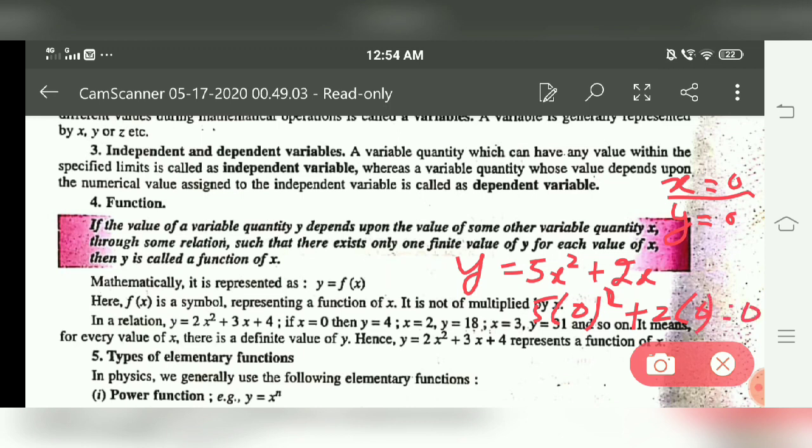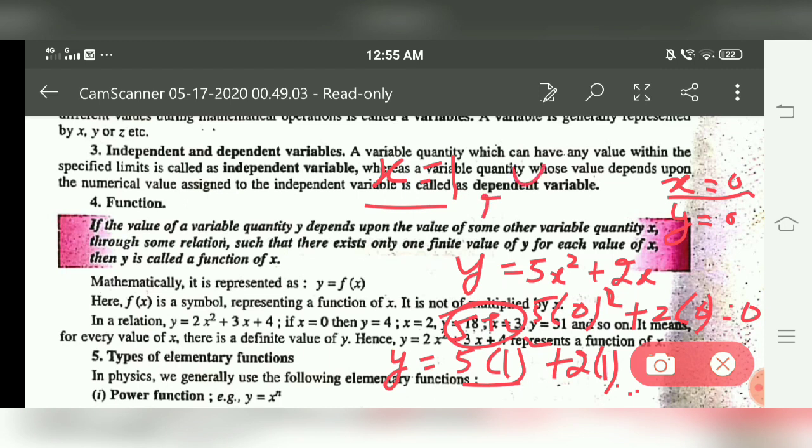If x is equal to 1, then y is equal to 5 into 1 square plus 2 into 1. So it's 5 plus 2, that is equal to 7. So if x is equal to 1, y is equal to 7. Similarly, if x is equal to 2, then we have a value corresponding to that.